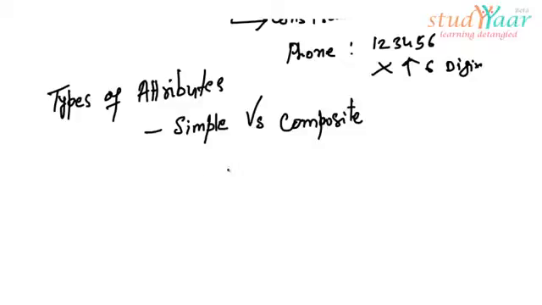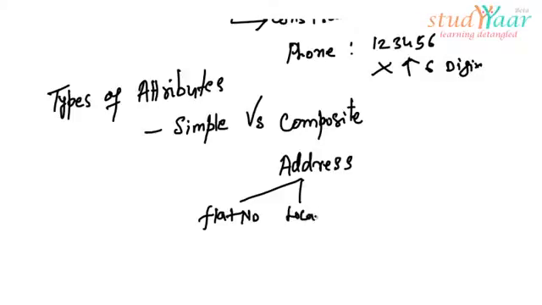Okay, when an attribute in itself can be divided into other attributes, like we have an address. So the address can have a flat number, it can have a location, it can have a city, it can have a state, right?